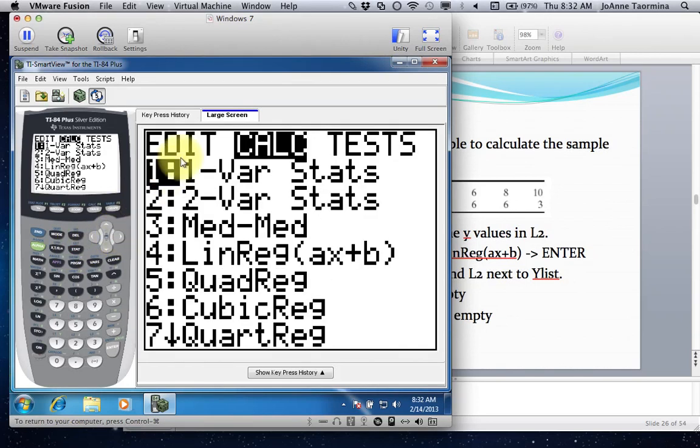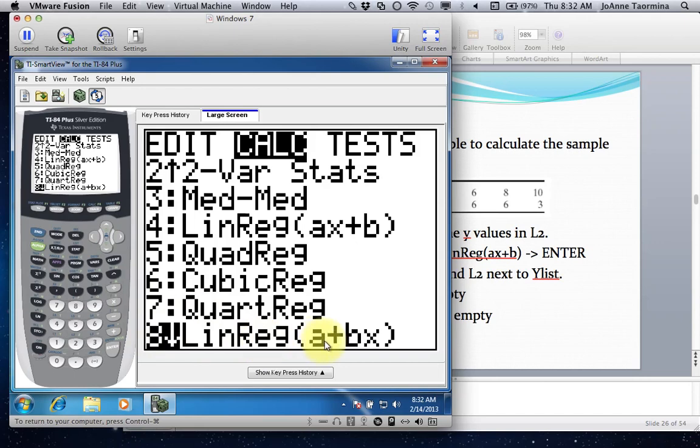This should be familiar because this is where we find the standard deviation using one variable statistics. Before we hit enter, we have to scroll down to number 4, linreg ax plus b. Don't make the mistake of accidentally choosing the other one down here, linreg a plus bx, which is number 8. They'll give you different answers. So make sure you highlight 4, linreg ax plus b, hit enter.